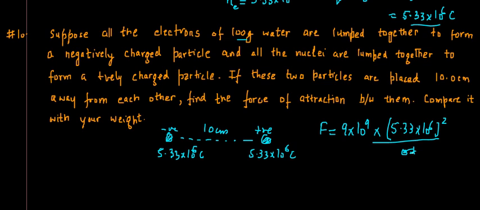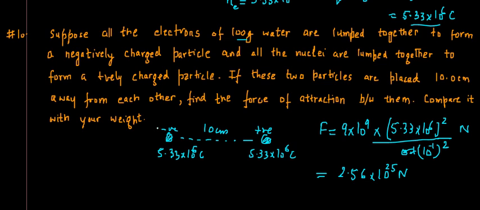Or you may write 10 into 10 to the power of minus 2, that is 10 raised to the power of minus 1, and then you square that. So when we solve this, we'll get a number of approximately 2.56 into 10 to the power of 25 newtons.